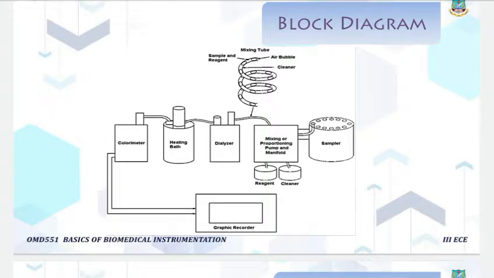After this it will pass on to the dialyzer. In this dialyzer it separates the interfering substances from the sample material by permitting selective passage of the sample components through the semi-permeable membrane.